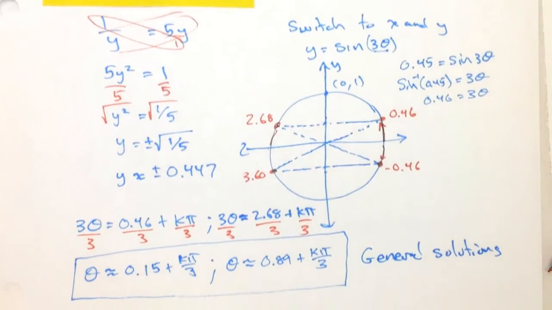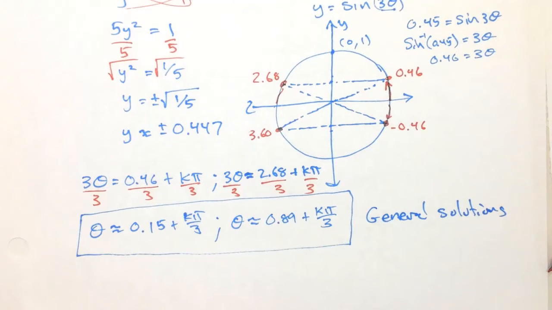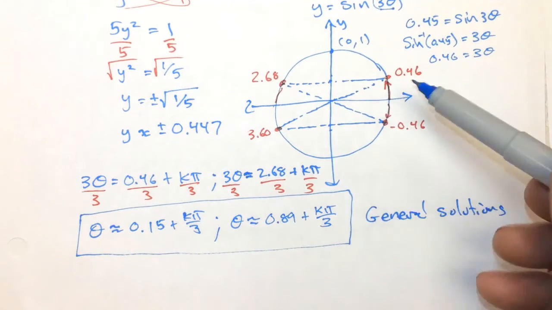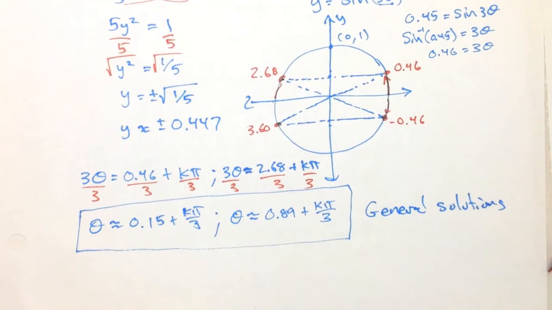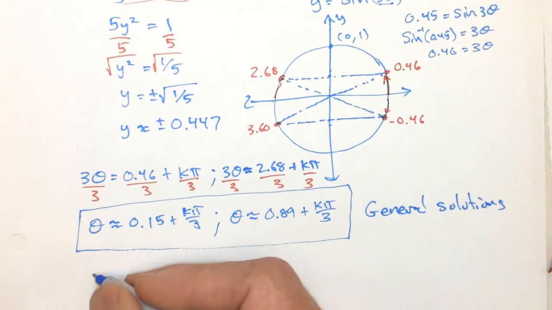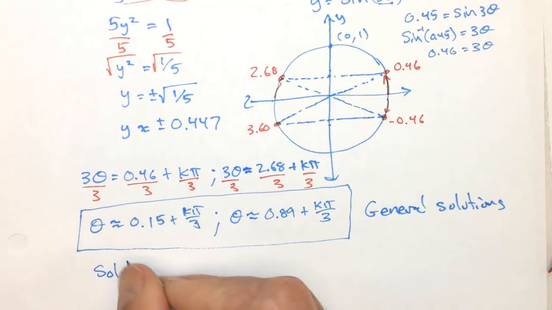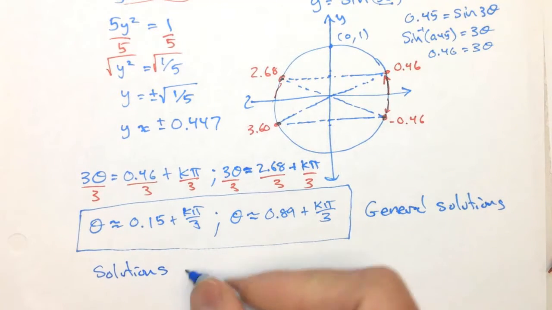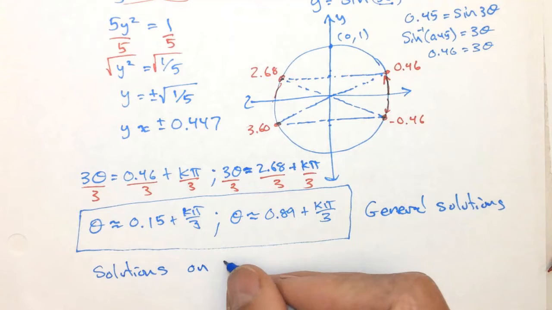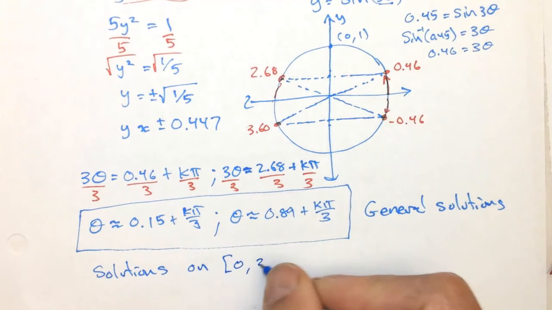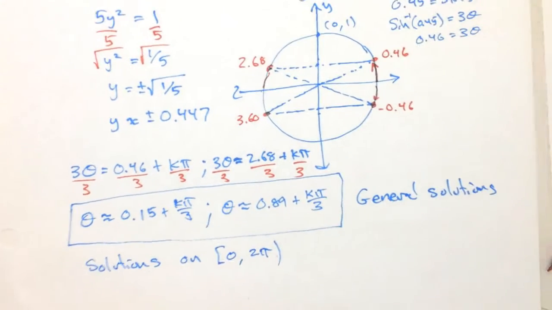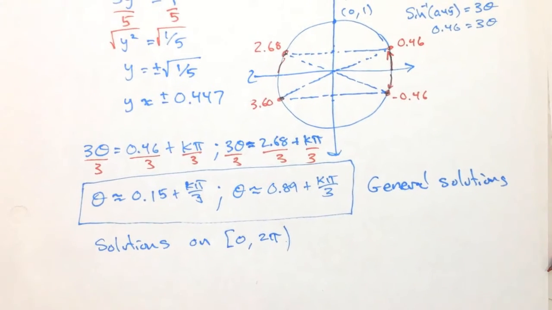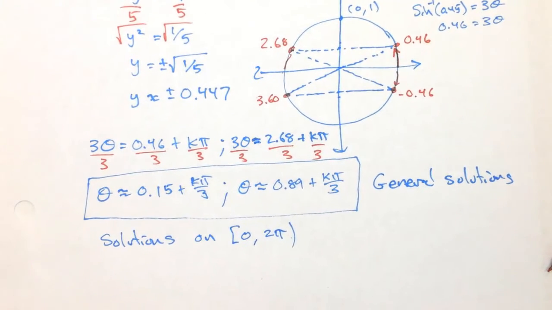Now I'm going to find out what solutions there are on the unit circle that satisfy this. And this unit circle is for 3 theta, but really this is going to generate more solutions on the unit circle. So my solutions on the unit circle, which I represent as the interval from 0 to 2 pi, not including 2 pi because 2 pi is the same as 0, are going to be generated from those two equations.